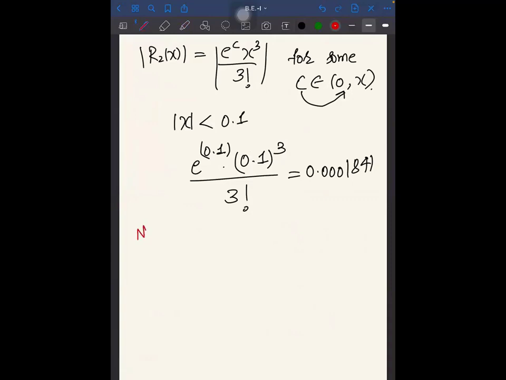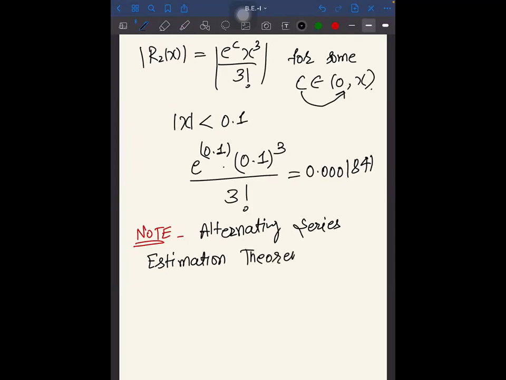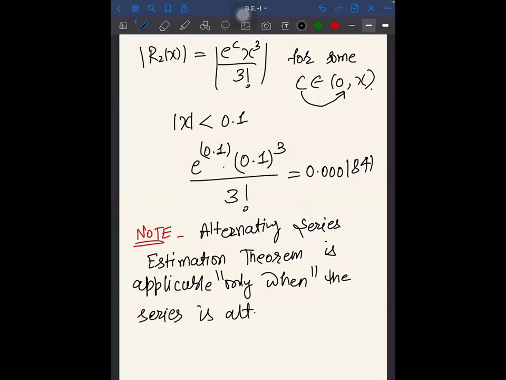So note: the alternating series estimation theorem is applicable only when the series is alternating.